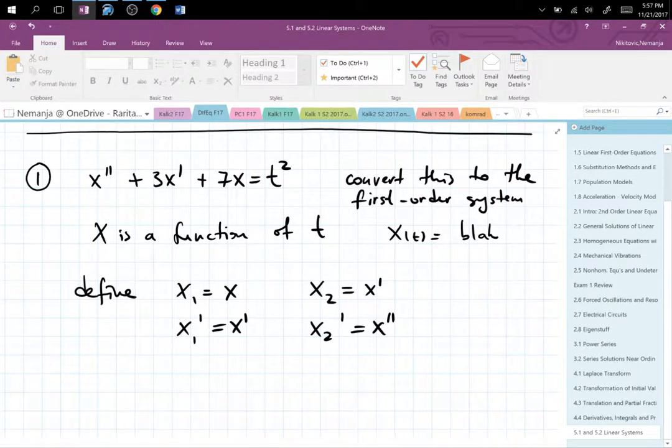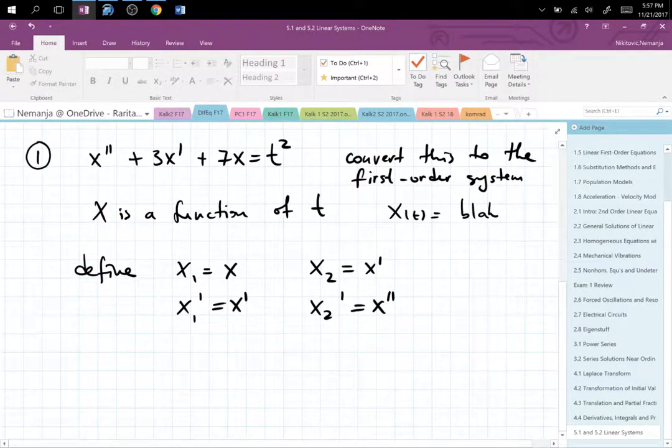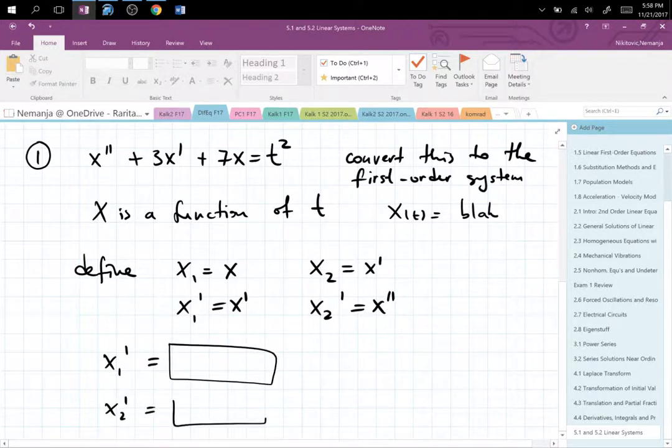And now we want to come up with what these things are. We need to have x1 prime equal to something, and x2 prime equal to something. So this is our goal. Now, we already know that x1 prime is equal to x prime, but we are not allowed to use x.